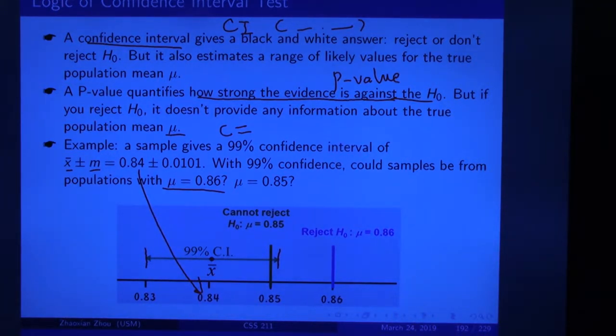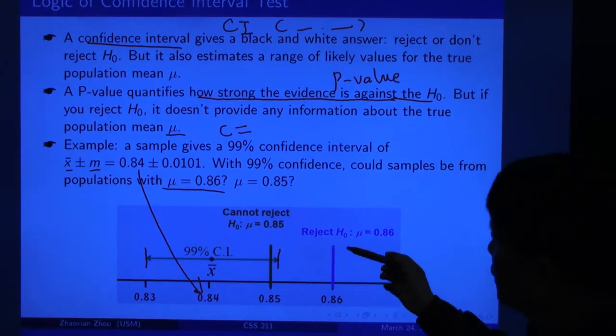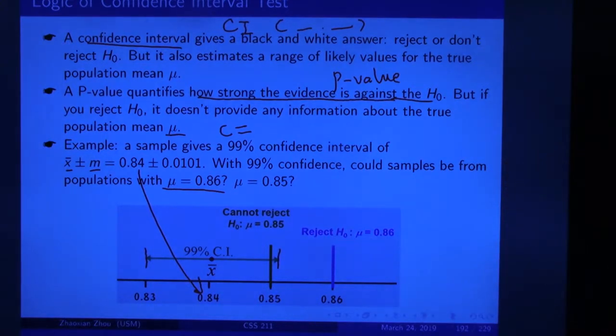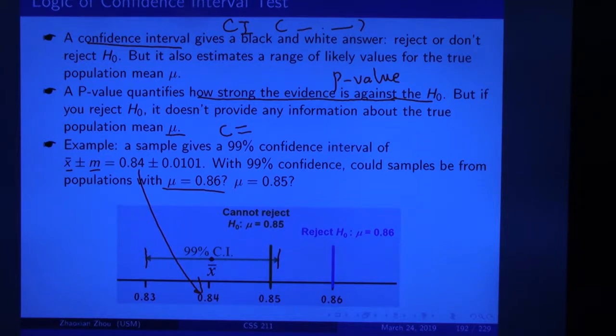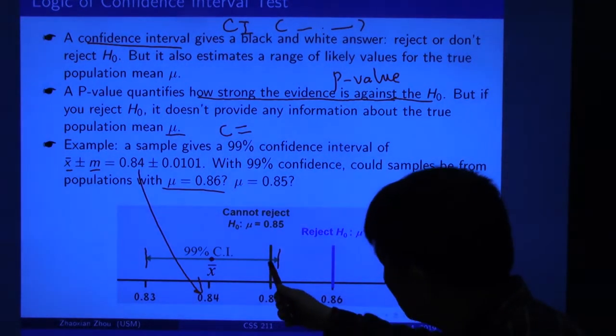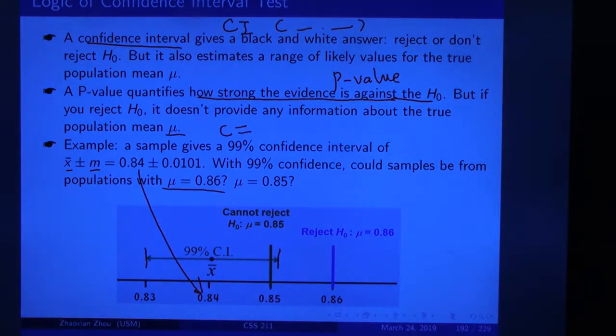We say no. We reject this H0. So it's not possible from a population of 0.86. How about mu equals 0.85? 0.85 is here, within the confidence interval. So that is yes.